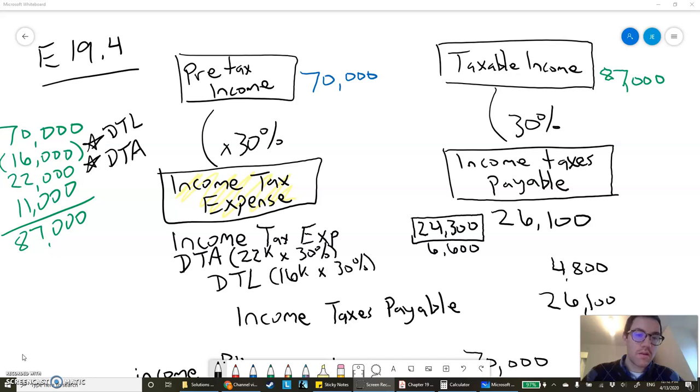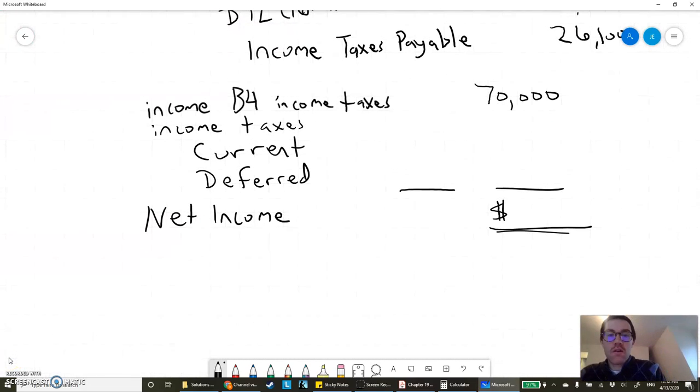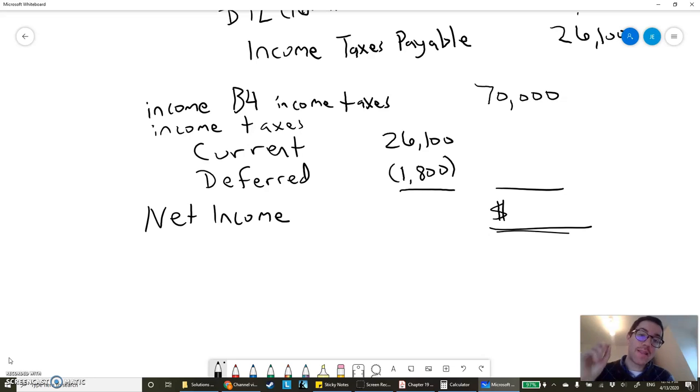Okay, and you're going to say, okay, net DTA is greater than DTL, so the deferred is negative. It's going to be the 4,800 minus the 6,600 there. So again, current is the amount I actually owe right now, and deferred is negative 1,800. Again, that's the DTA minus the DTL.